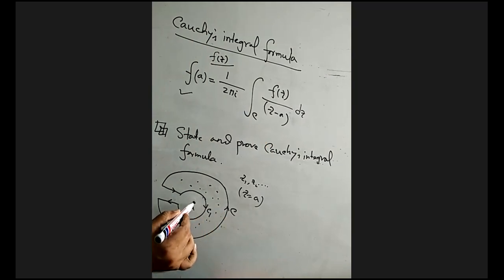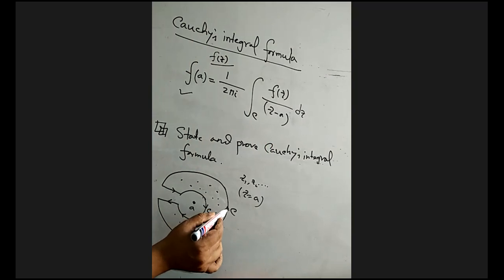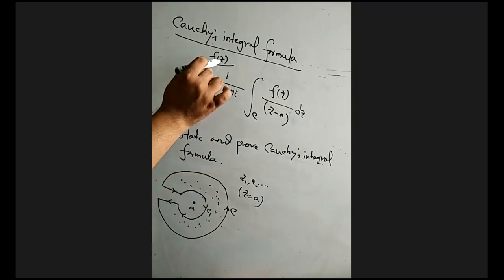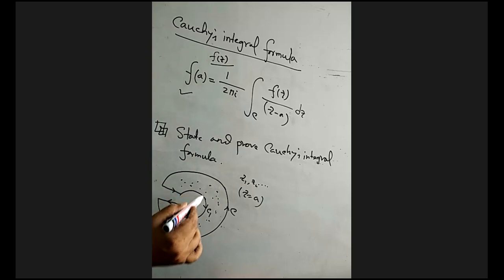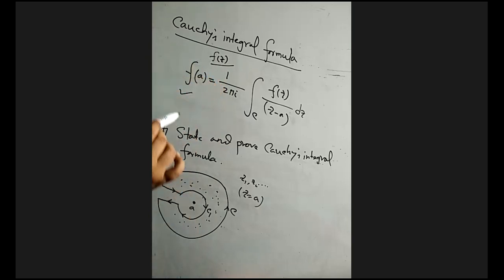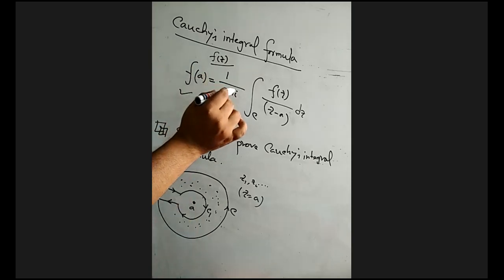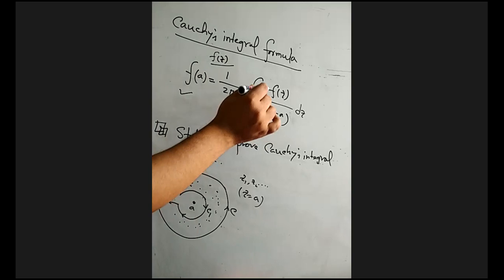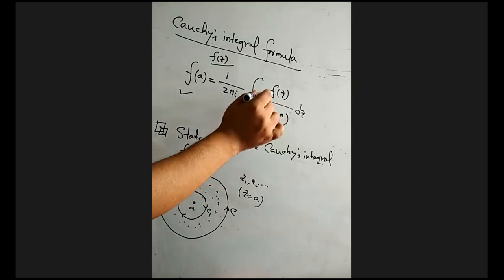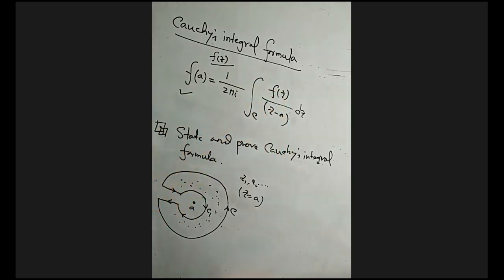Okay, this is the center a and this is the closed curve C. Everywhere the function f(z) is analytic except at z equals a. So z equals a is the pole of this function f(z). So we find f(a) equals 1/(2πi) times the contour integration of f(z)/(z - a) dz. This is the presentation of Cauchy's integral formula.